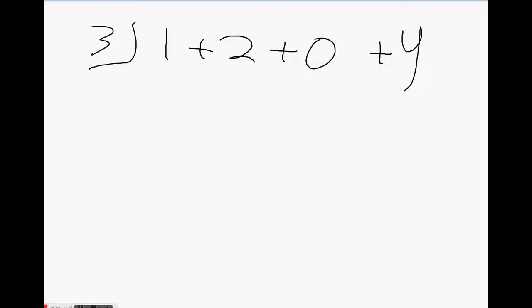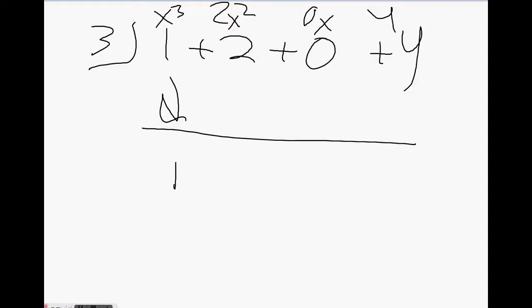Because we're adding 0x to the 4th, yeah. Right, because we have x cubed, which is our 1. We have our 2x squared, which is here. We have a 0x. And then we have a regular 4. That's right. Bring it down.